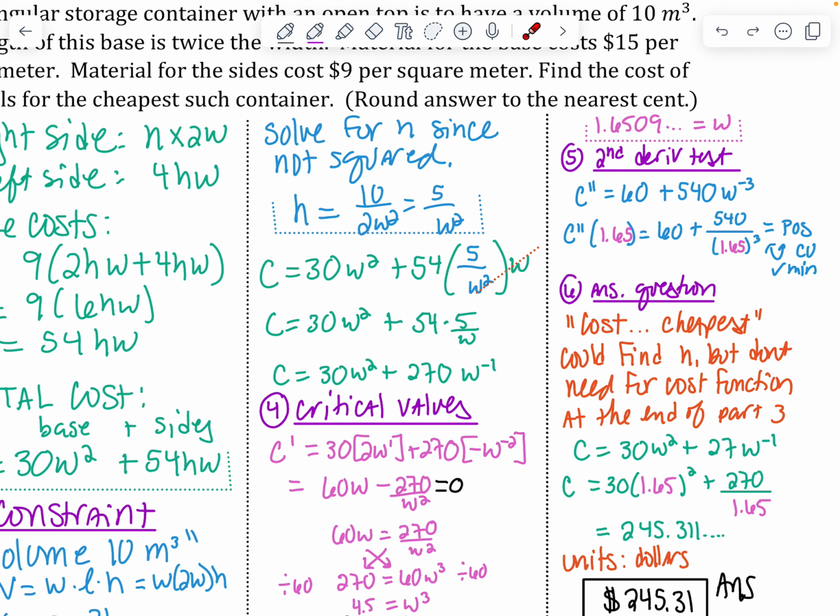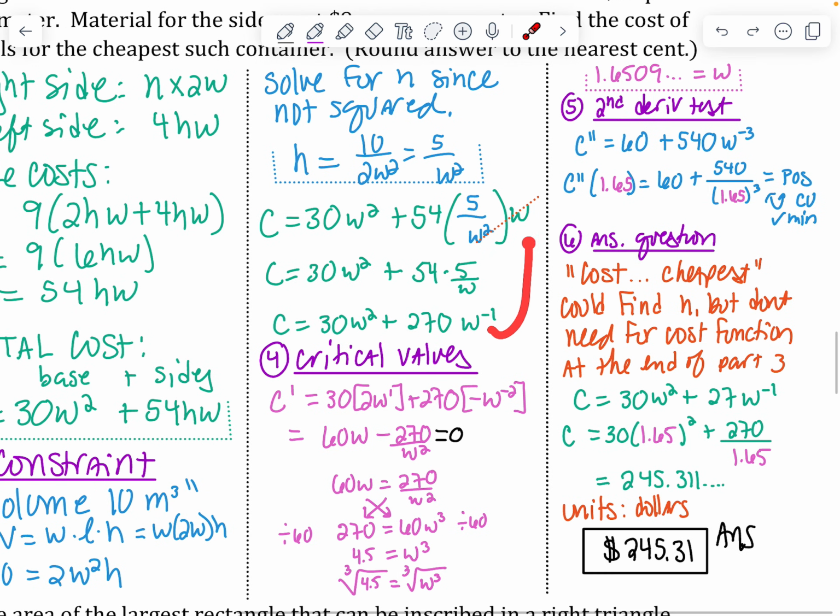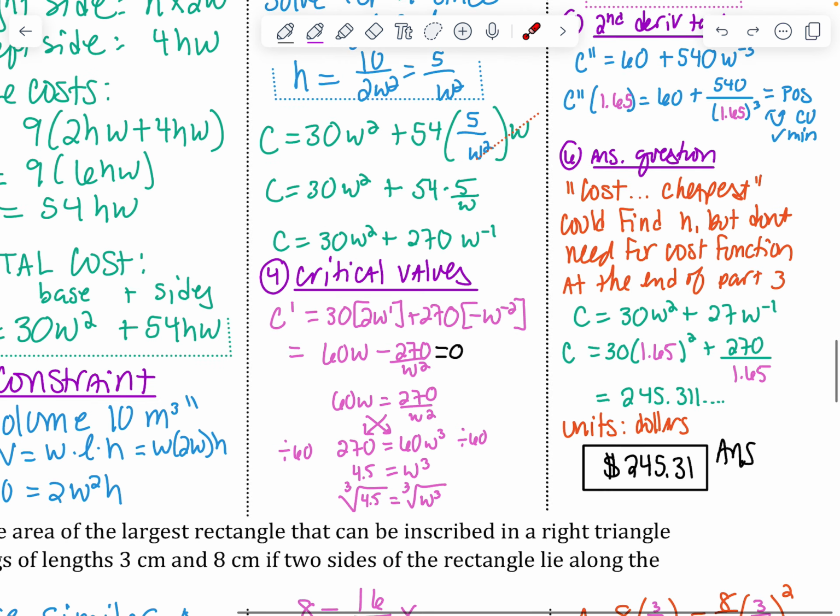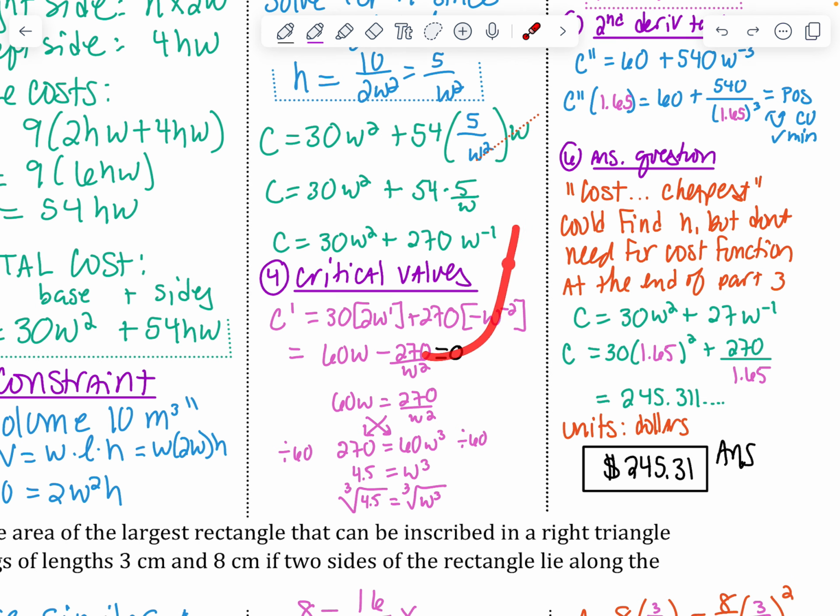Even though I only want to round to the nearest cent, I'm going to go ahead and maybe do that now. But if it was rounded up or down, I might leave a few more digits. I need to verify that this minimizes the cost. So I'm going to go ahead and take the second derivative. Sorry, we already took the first derivative.